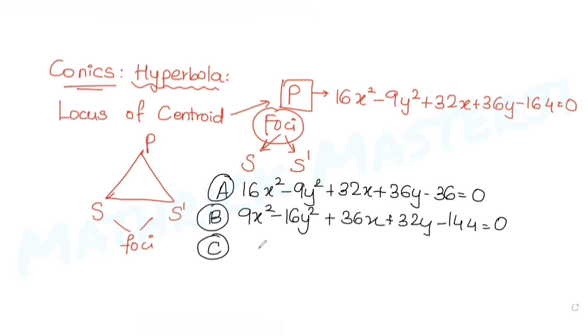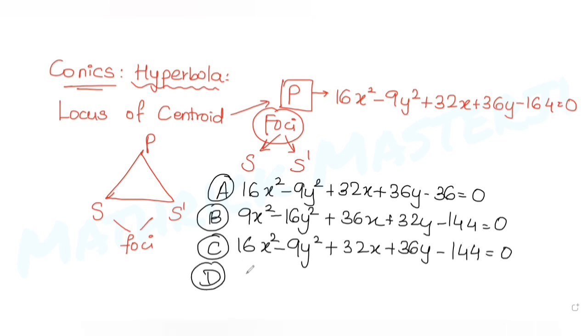The third is 16x square minus 9y square plus 32x plus 36y minus 144 equals 0. And the last one is 9x square minus 16y square plus 36x plus 32y minus 36 equals 0.